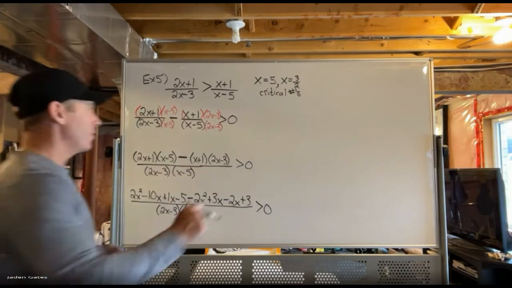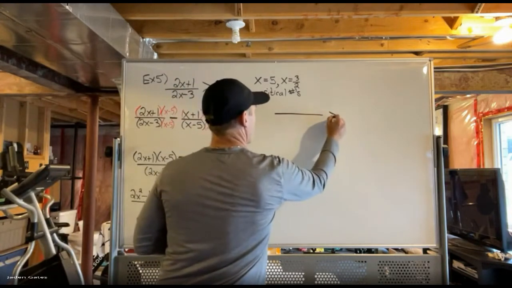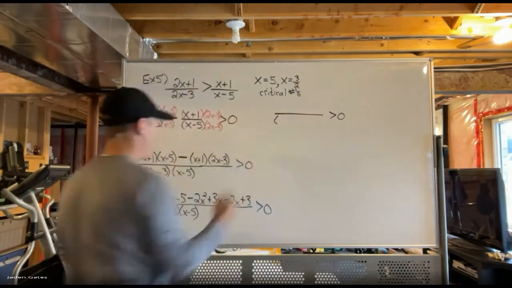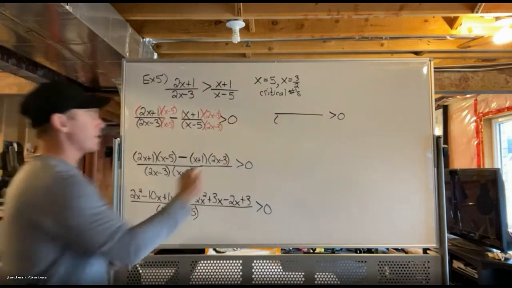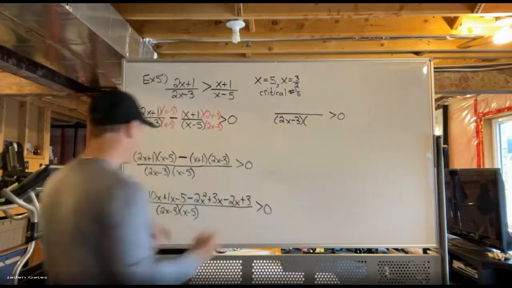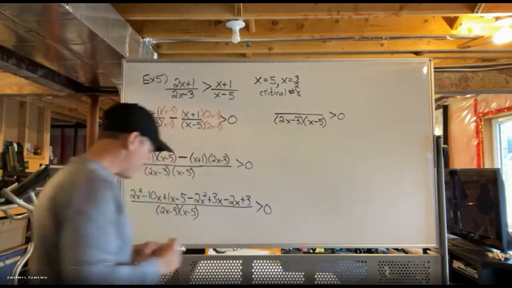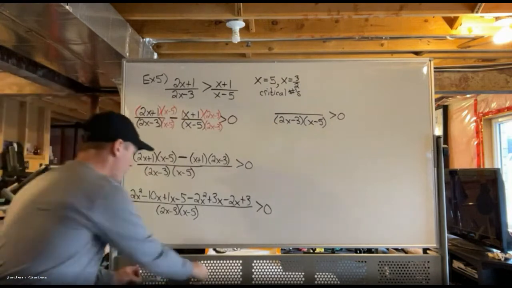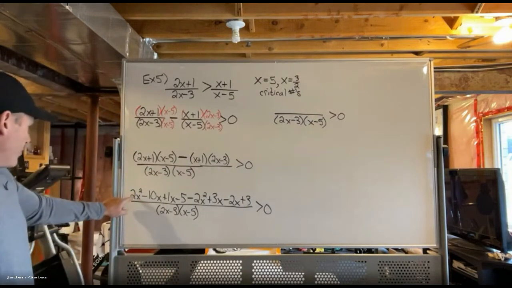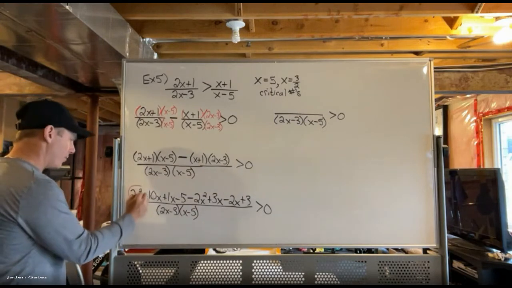All right, so I got to collect all these like terms. All right, so here we go up here. Greater than 0. Again, we have our two denominators, 2x minus 3 and x minus 5. All right, now to collect what we got up top. So the x squared's first. 2x squared minus 2x squared cancel each other out.